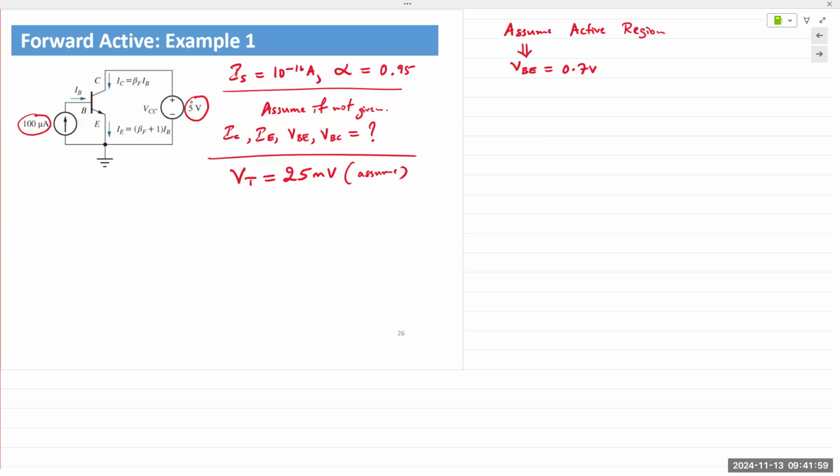Then we have VC, the collector voltage, as 5 volts coming from the VCC. VC is equal to VCC, which is 5 volts.